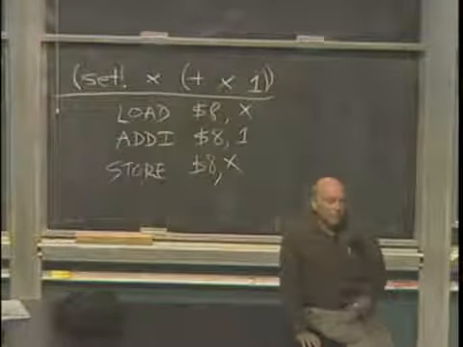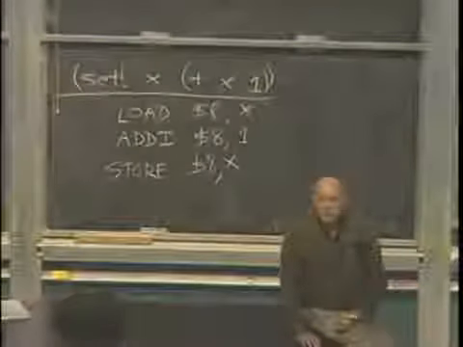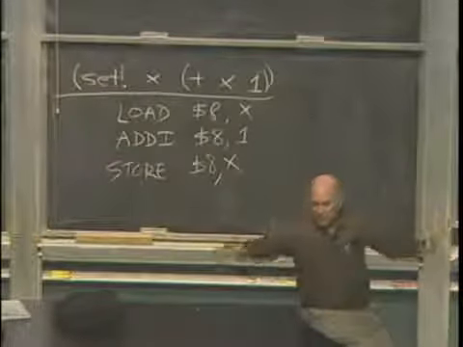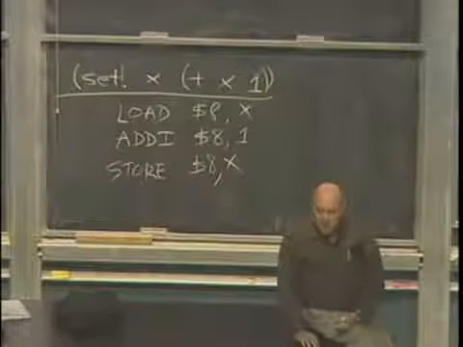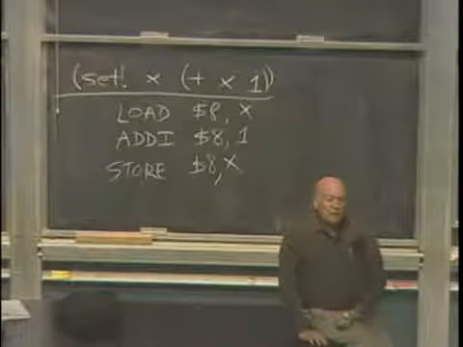Okay? So it doesn't really matter if it's global or local. If each process has its own local X, and they're in two different places in memory, then it won't be a problem. Okay?